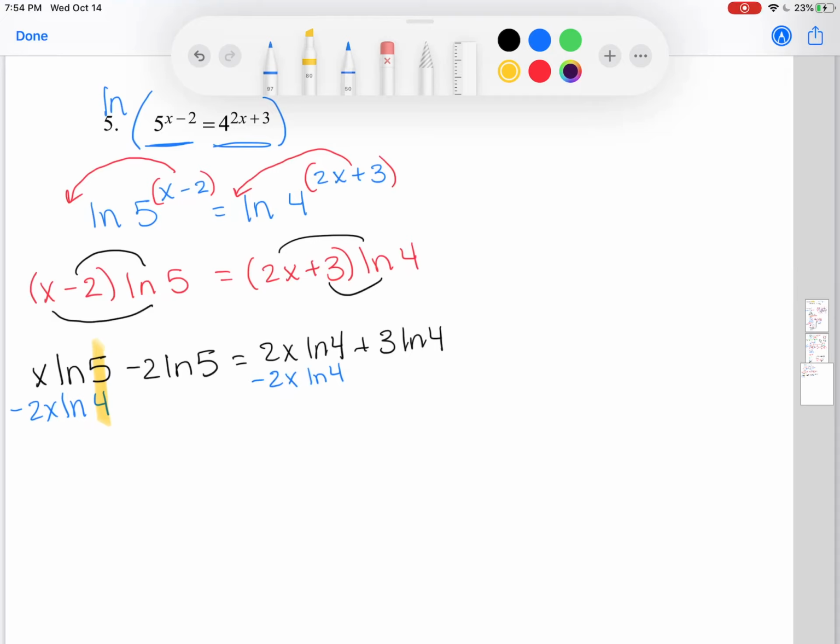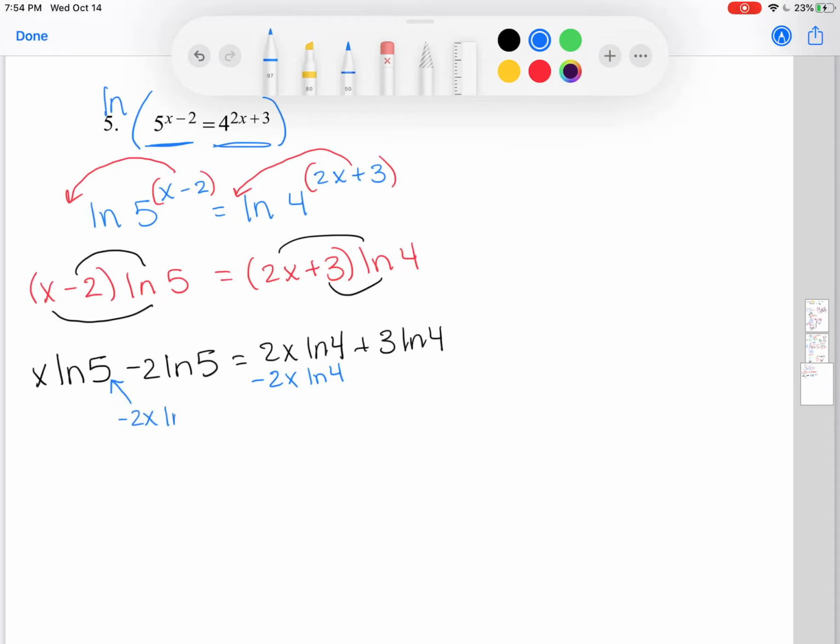However, I cannot combine these terms. The reason I can't do that is because you have ln 5 versus an ln 4. They are not like terms. Remember how they weren't the same bases? That is why, because they are not like terms. That still applies here. So when I subtract that 2x ln 4, I am going to subtract it right here, right at the end.